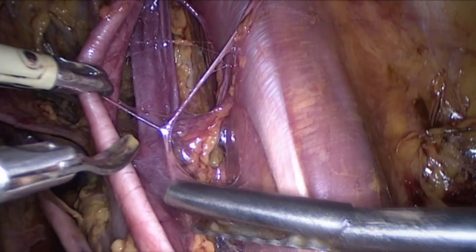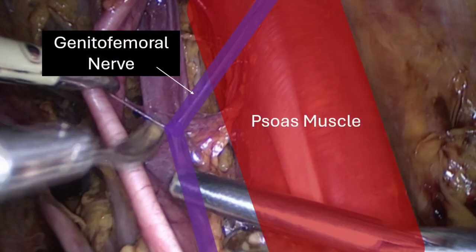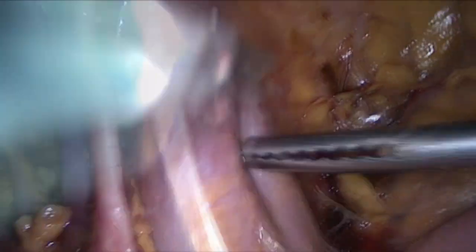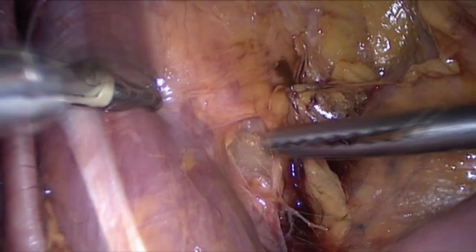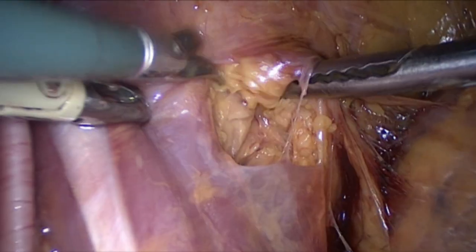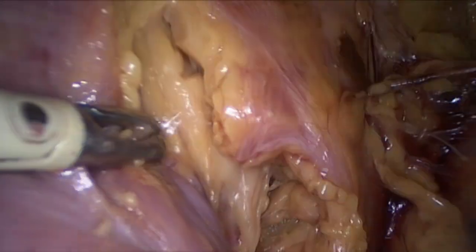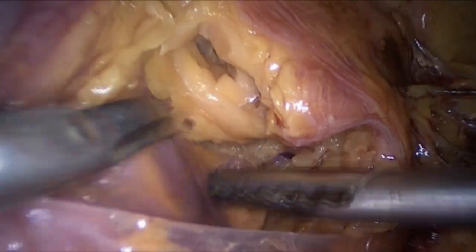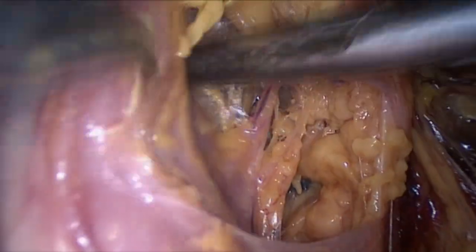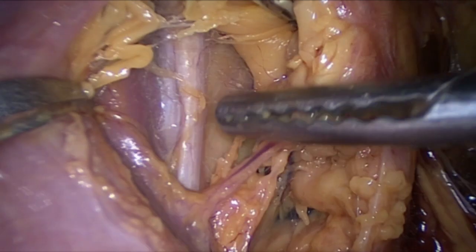If we look lateral and cephalad, we can identify the psoas muscle and the genitofemoral nerve on the medial aspect. Next, let's incise the adventitia on the lateral aspect of the psoas muscle. If we retract the psoas muscle medially and posteriorly, we can see the femoral nerve as it runs parallel to the psoas muscle on the posterior lateral side.